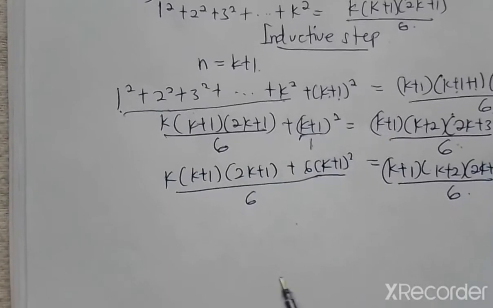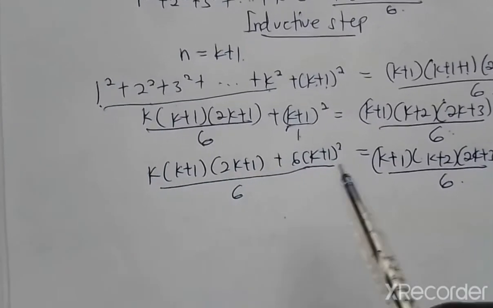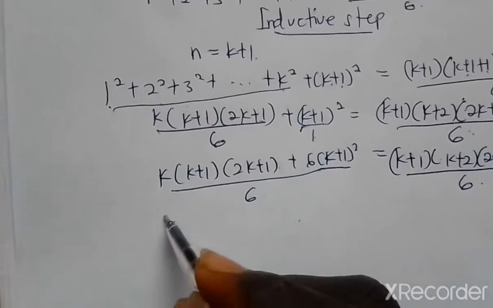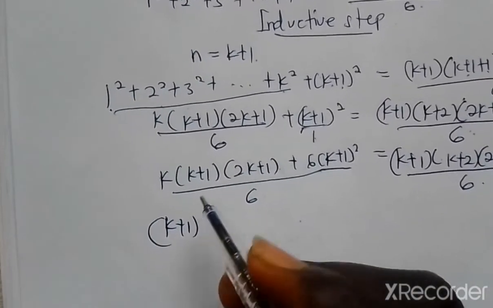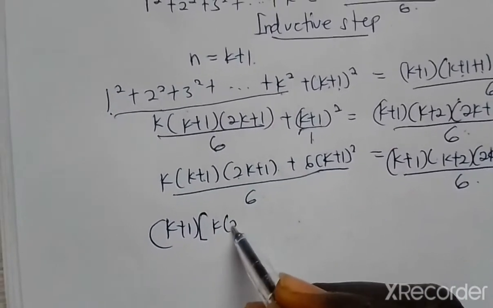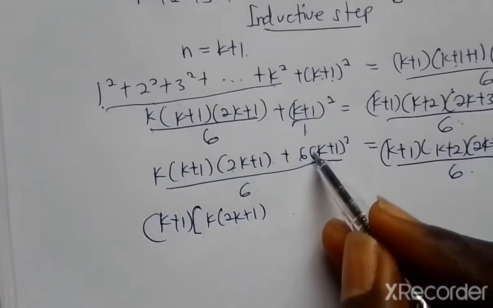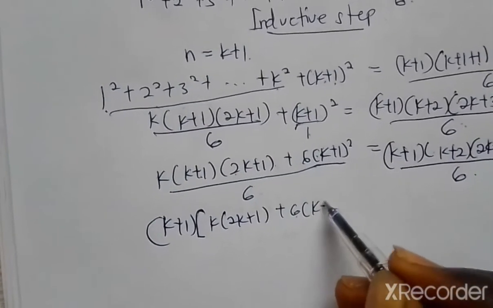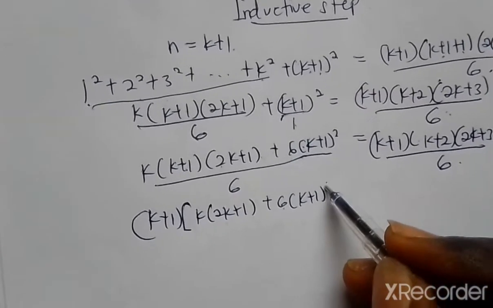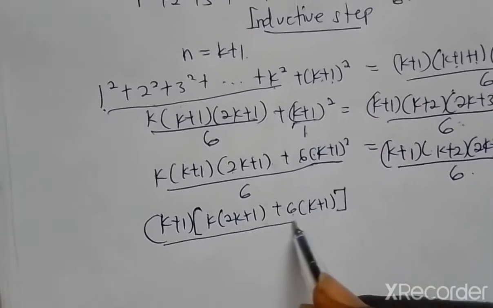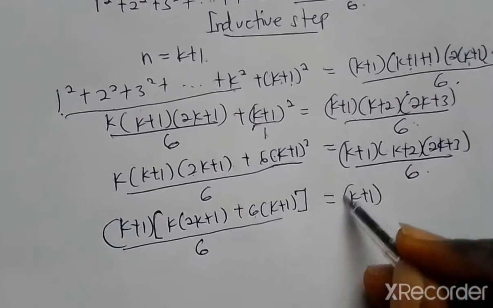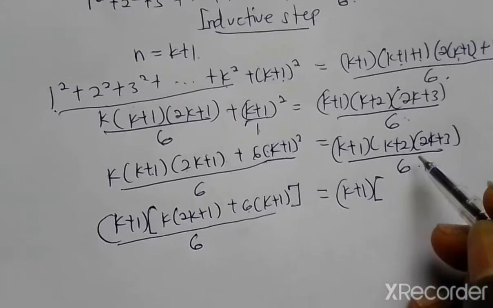From here, let's bring k plus 1 out, so that when we factorize k plus 1 out, we will be left with k, then 2k plus 1, and also here we will be left with plus 6 open bracket k plus 1. Once you have this, you close the brackets, all over 6, to be equal to k plus 1. Now let's multiply what we have inside.